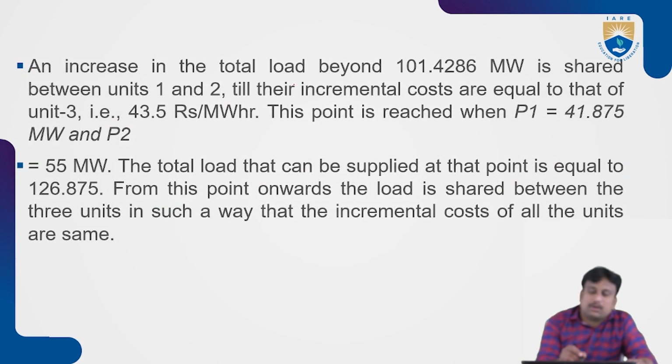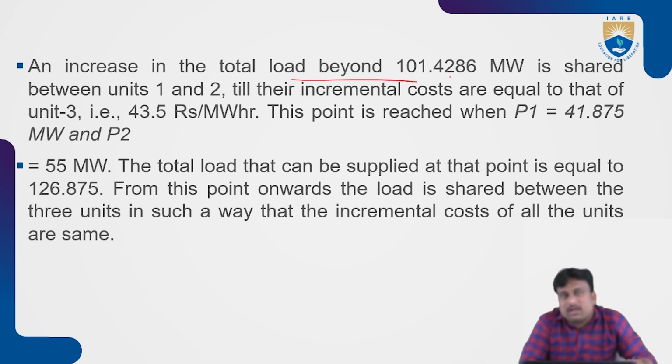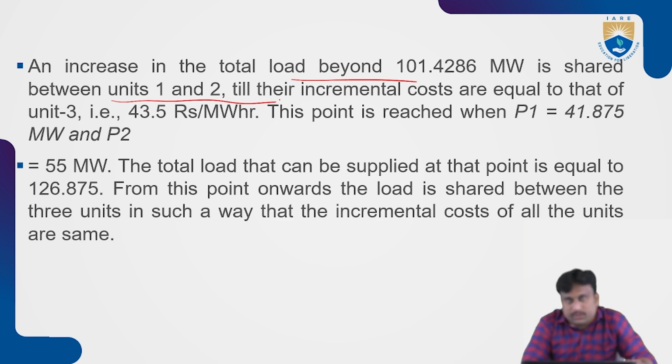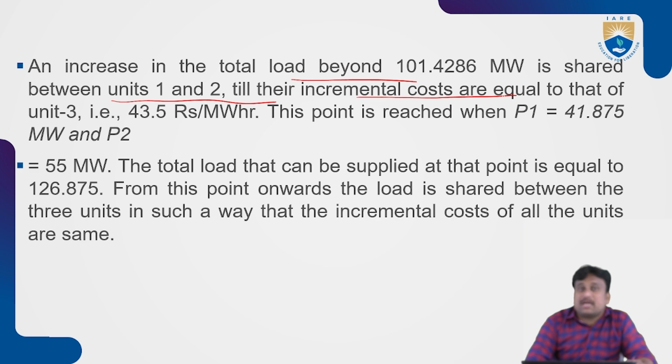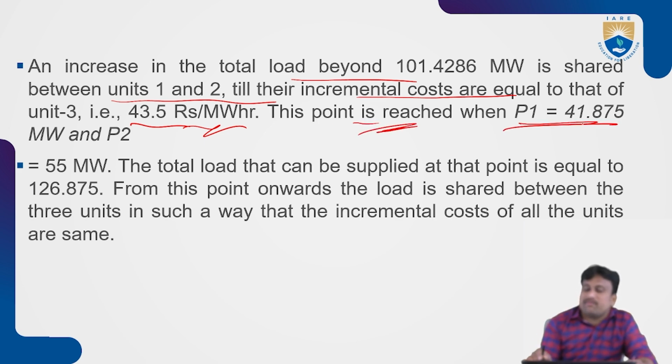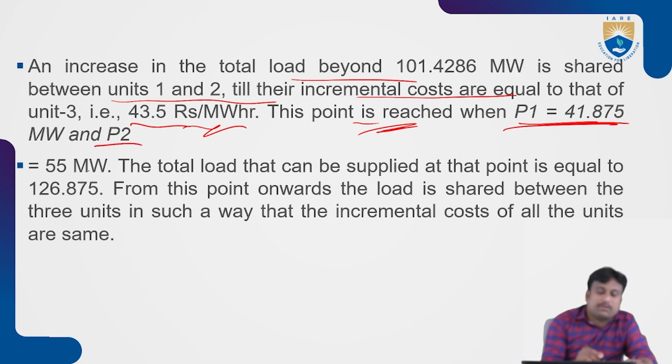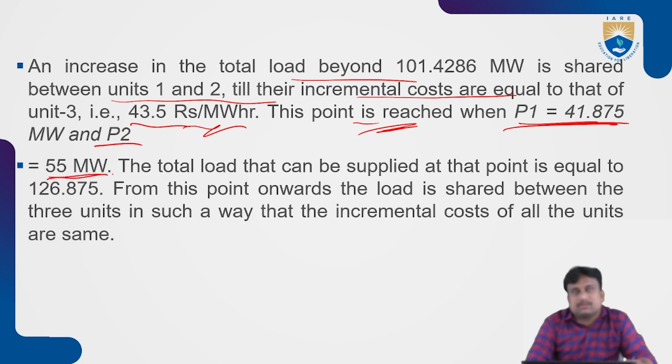An increase in the total load beyond 101.42 megawatts is shared between units 1 and 2, so their incremental costs equal that of unit 3, about 43.5 rupees per megawatt. This point is reached when P1 is 41.87 megawatts and P2 is 55 megawatts.